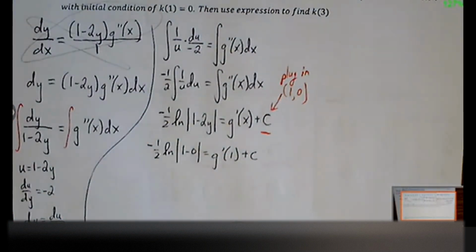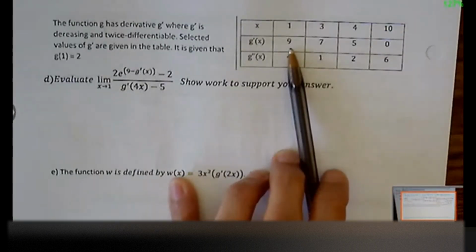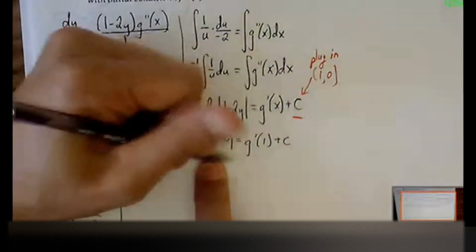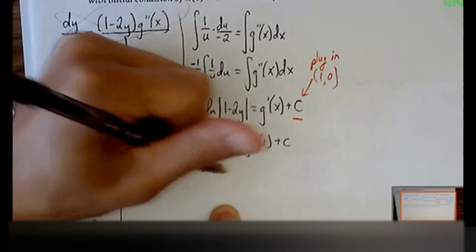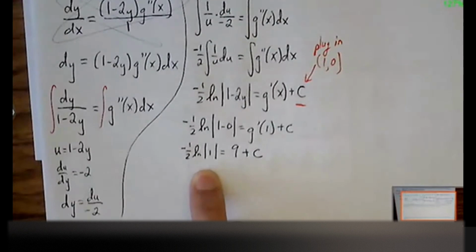g prime of 1, we go to our table. It's going to be equal to 9. Natural log of 1 is just going to be 0.